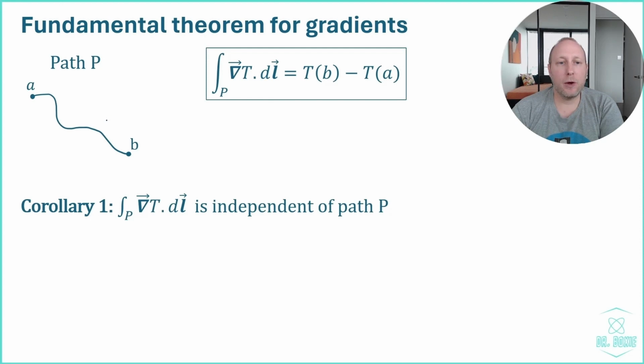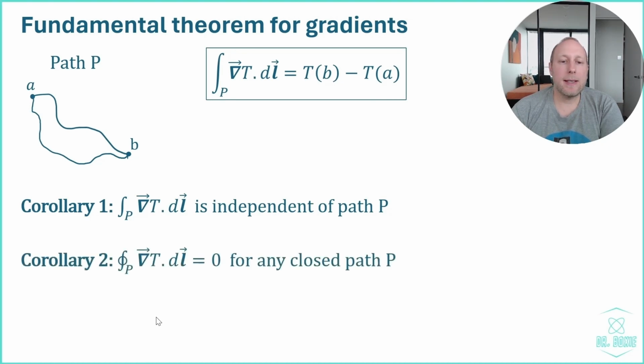So if we follow the path from A to B, which I drew here, or if I take a different path, for instance, this one, in both cases, the line integral of the gradient along either one of those paths will be equal to TB minus TA. In other words, it will be the same. So the line integral in general of a vector field does depend on the path taken, but if that vector field is the gradient of some scalar field, it does not. So that is one consequence.